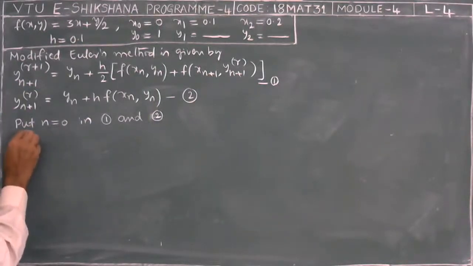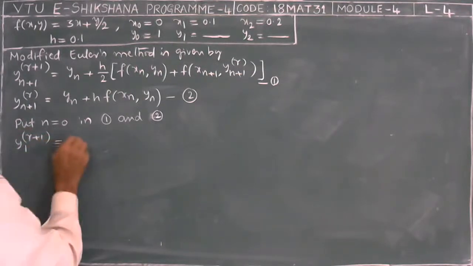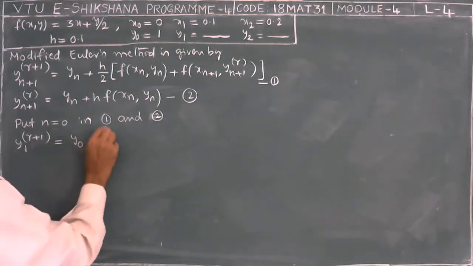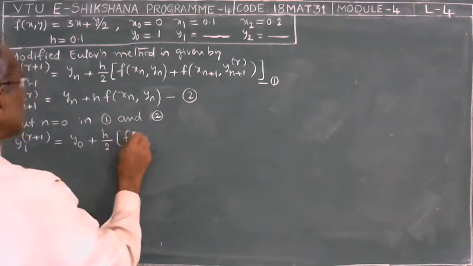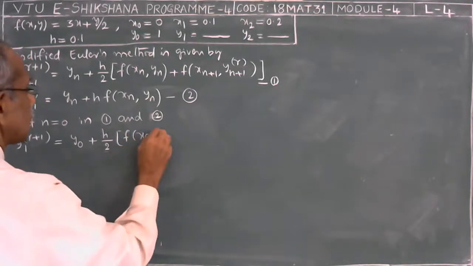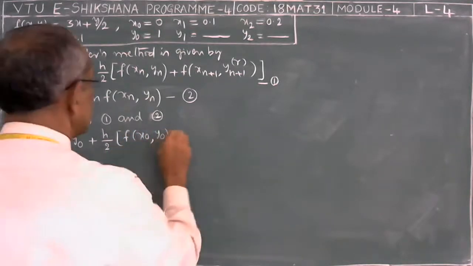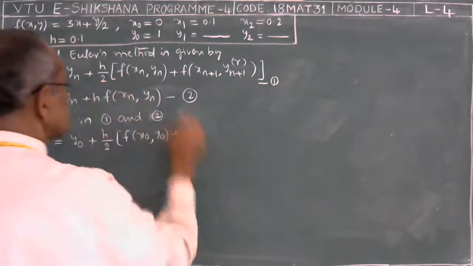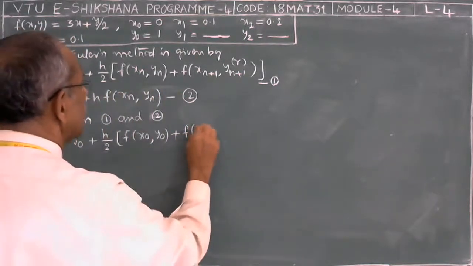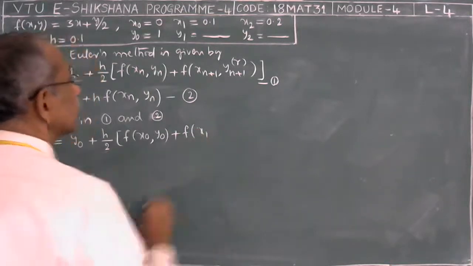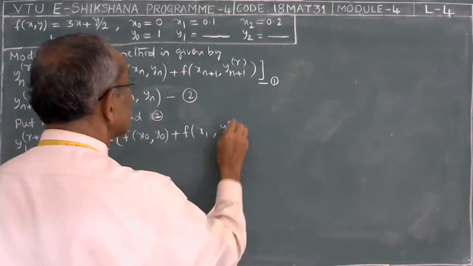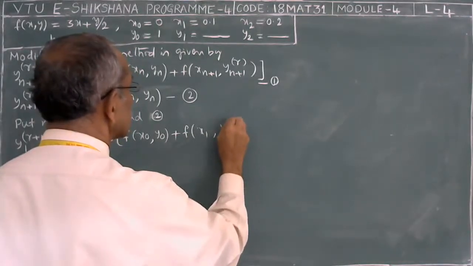You get y1 r plus 1 is equal to y0 plus h divided by 2 into f of x0 comma y0 plus f of x1 comma y1 r.